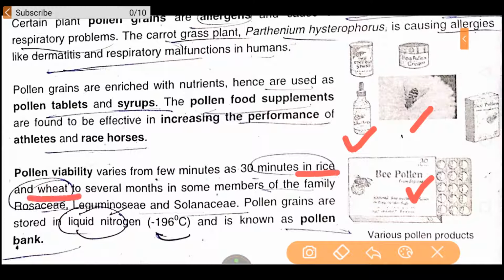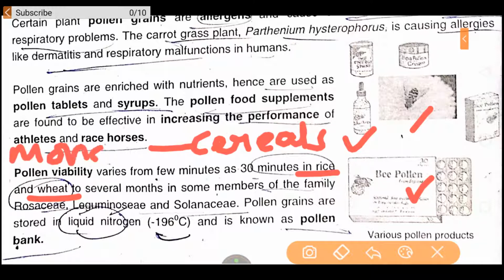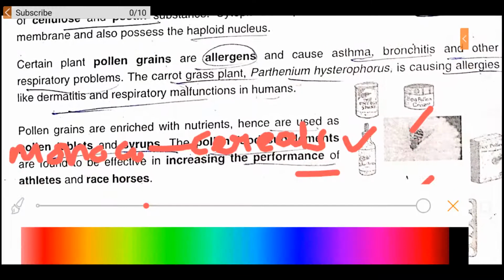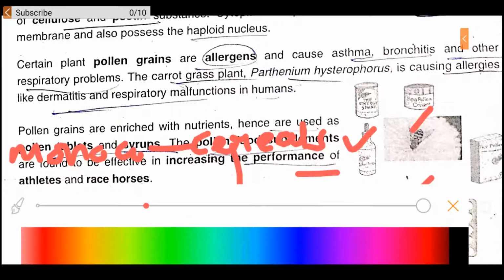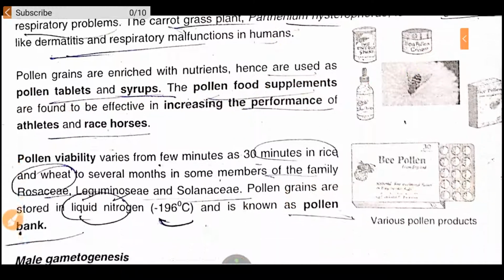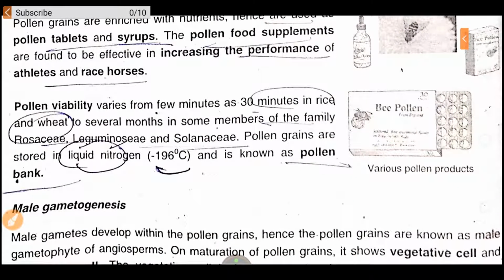Rice and wheat are collectively called cereals. They are monocots from angiosperms. Viability ranges up to several months.